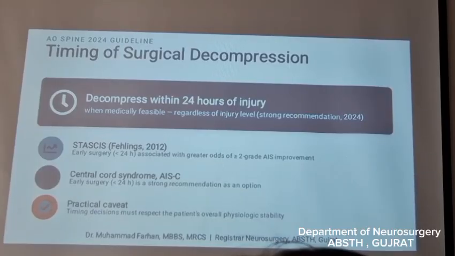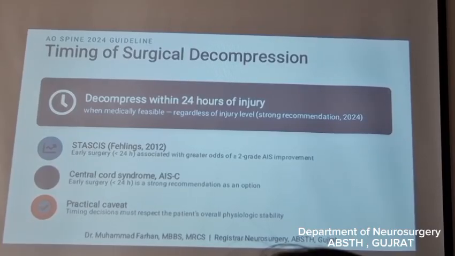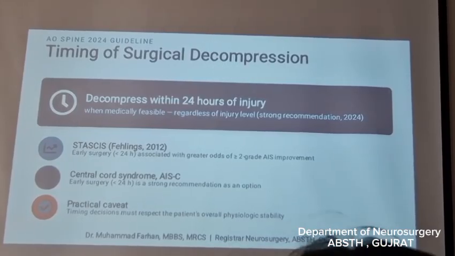Then the main surgical management in acute traumatic spinal cord injury is decompression, because spinal cord injuries can lead to compression of the spinal cord. So decompression should be done.